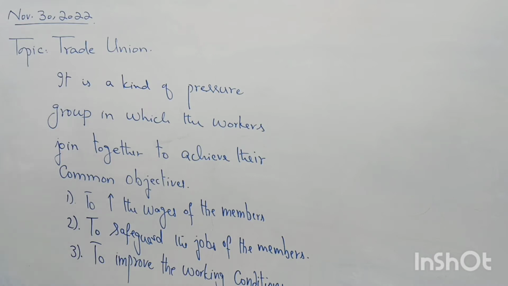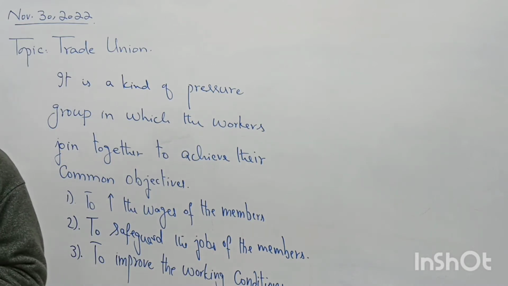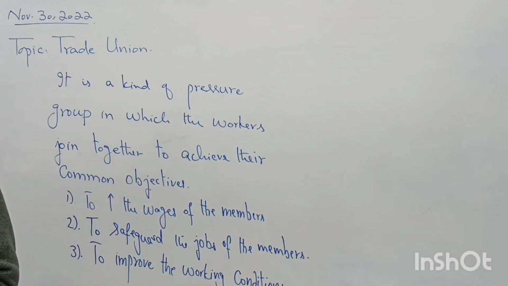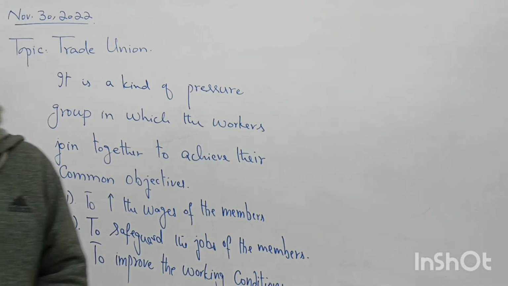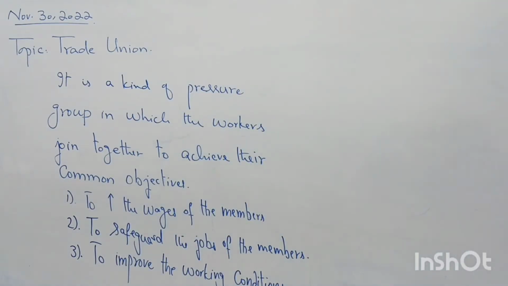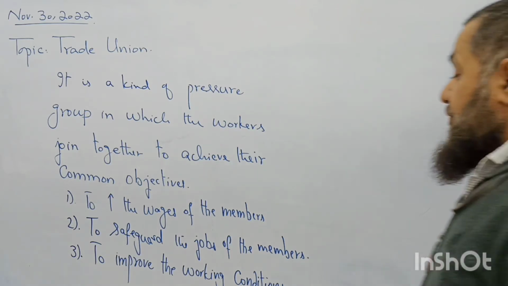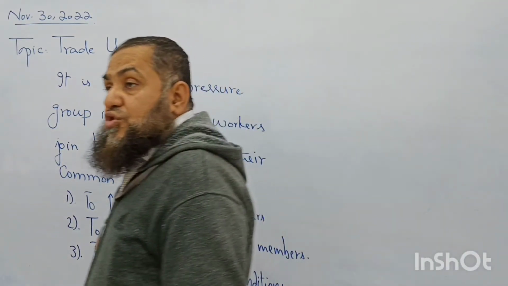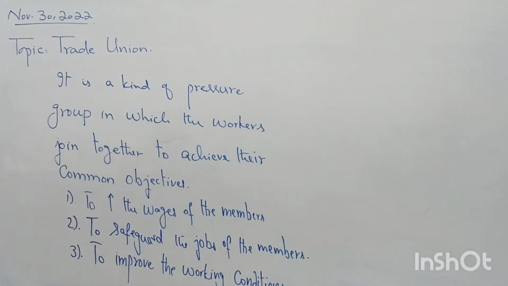Like the workers, if they are working in a dangerous environment where life threats are there, if they are dealing with chemicals, so they are having a threat of getting cancer or other diseases. So the safety measures have to be adopted for the workers. So their working conditions should also be improved by the entrepreneur or enterprise.